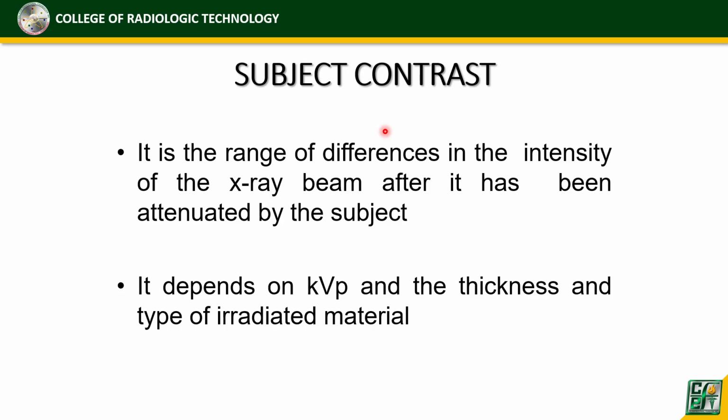Okay? Kapag sinabing subject contrast, ito lang tatlo. KVP, thickness, and type of irradiated material. Or basically, the density of the irradiated material. So we are not talking about the density na ibig sabihin niya ay blackening, kung hindi density or yung gaano ba ka-dense yung body part. Sabay hollow, sabay dense, or whatever. Okay?